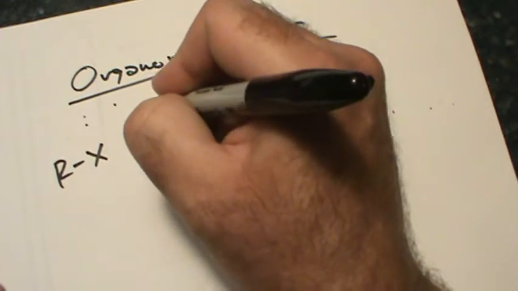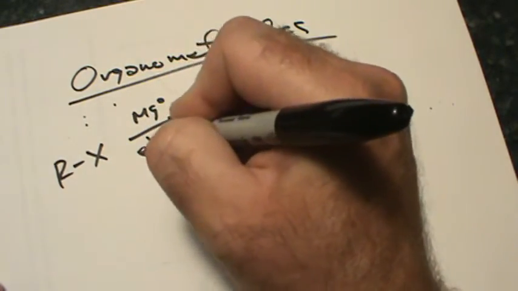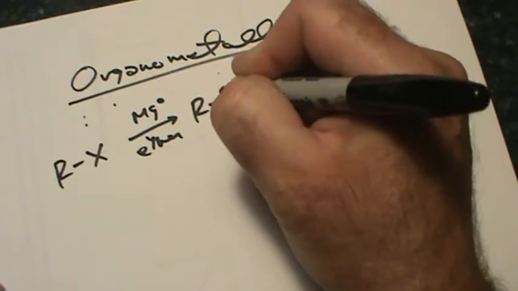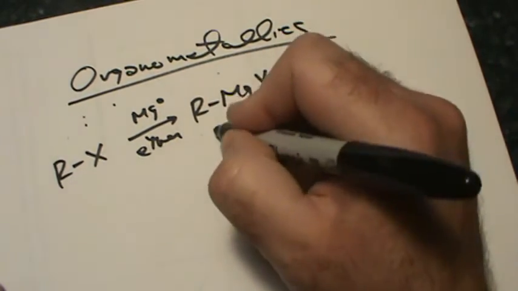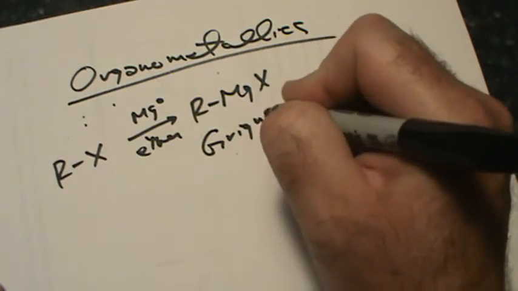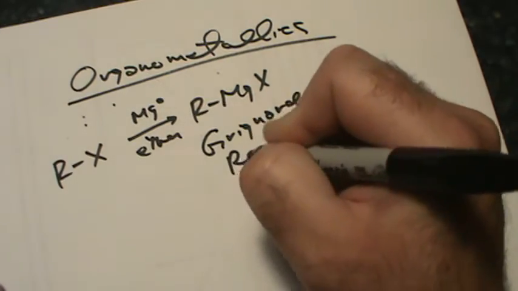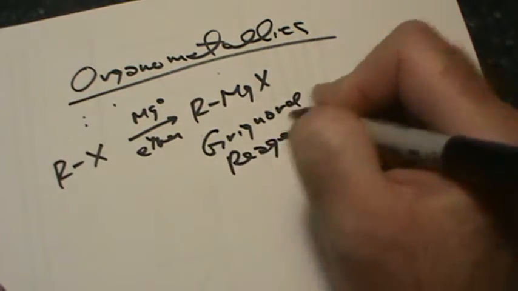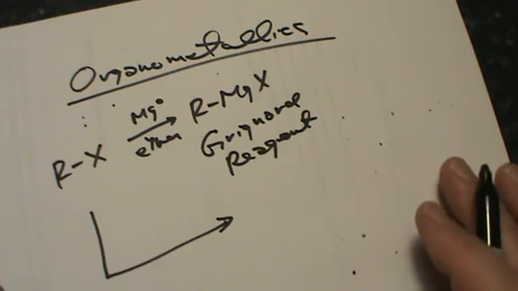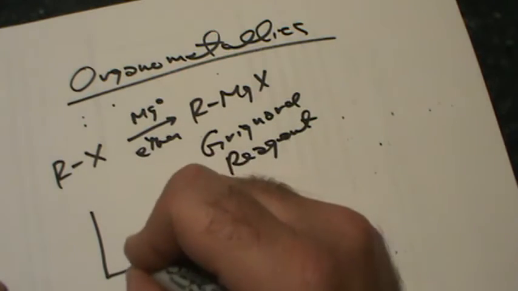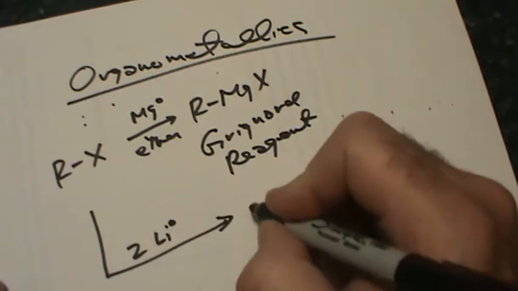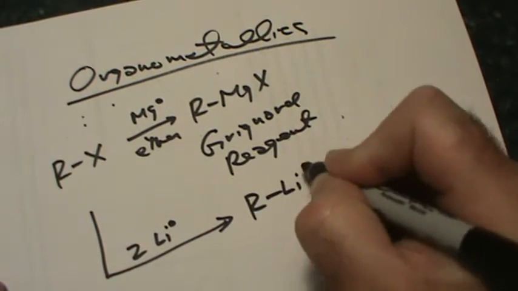it, for example, with magnesium 0 in the presence of ether, we can produce the corresponding Grignard reagent. We can also take that same organic halide and treat it with lithium metal to produce the corresponding organolithium.